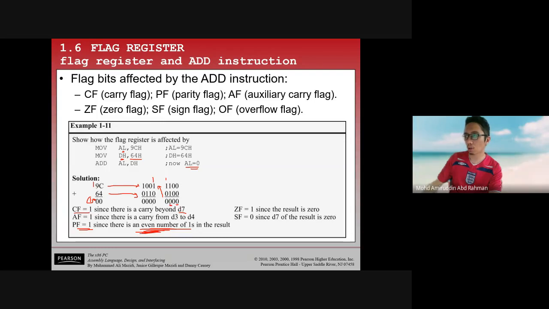We have a parity of 1 because we have an even number of 1s in the result. Although the result shows 0, there is an even number of ones here, so PF is 1.